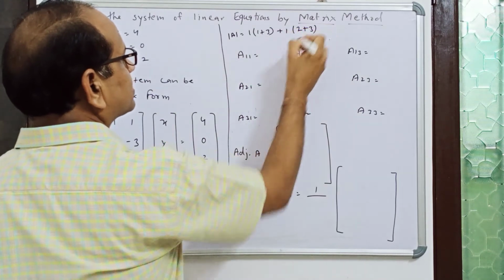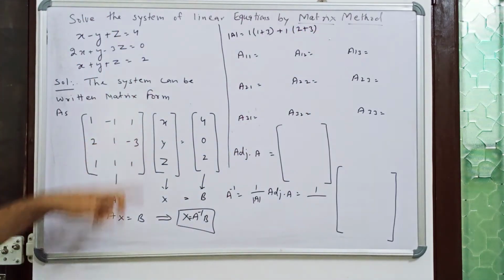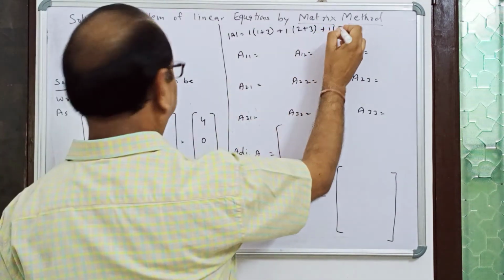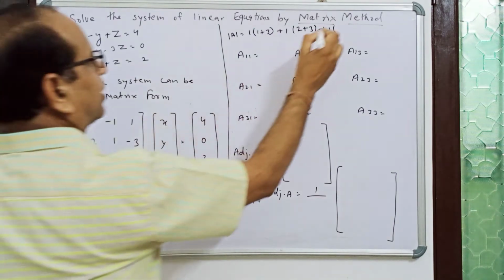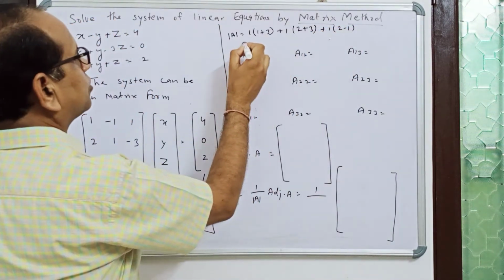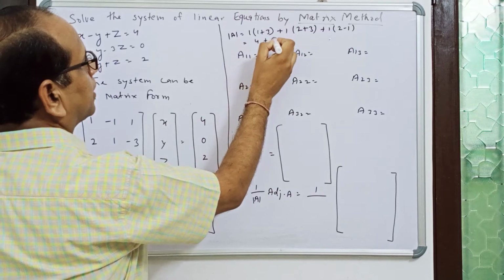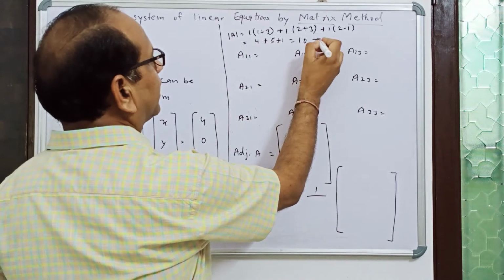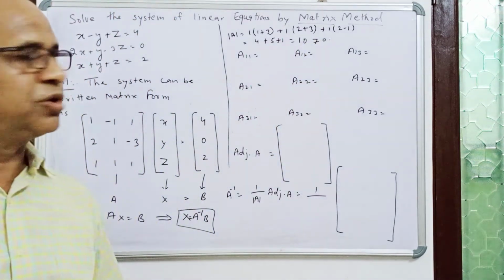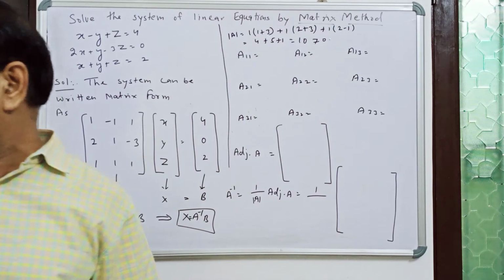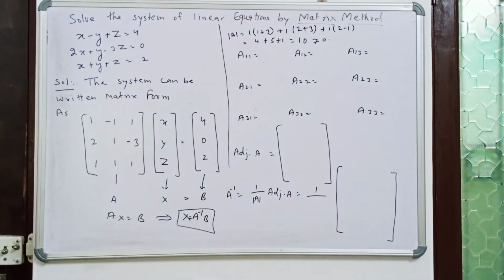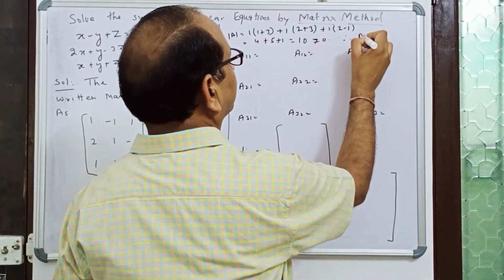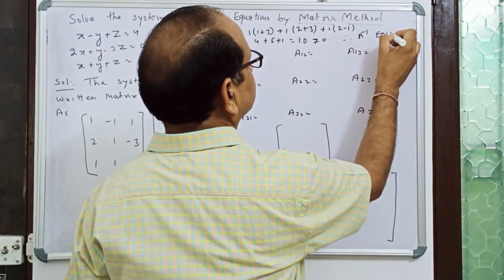And the last part is 1 into 2 minus 1. So it will be 4 plus 5 plus 1. So it is 10. And you all know that 10 is not equal to 0. So A determinant is not equal to 0. It means we can say that A inverse exists. So we write here, therefore A inverse exists.